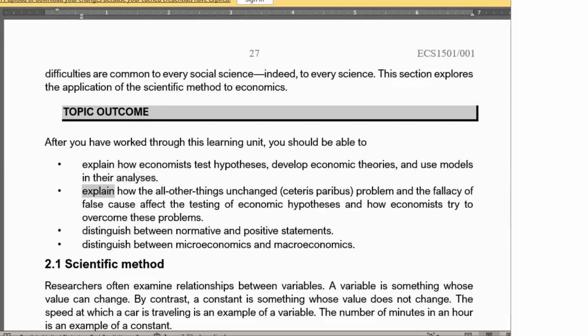Explain how the all other things unchanged, ceteris paribus, problem and the fallacy of false cause affect the testing of economic hypotheses and how economists try to overcome these problems. Distinguish between normative and positive statements. Distinguish between microeconomics and macroeconomics.